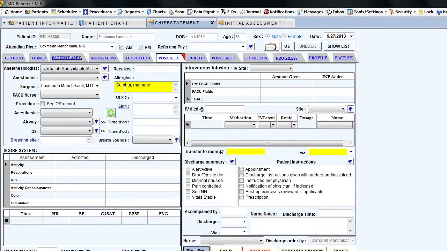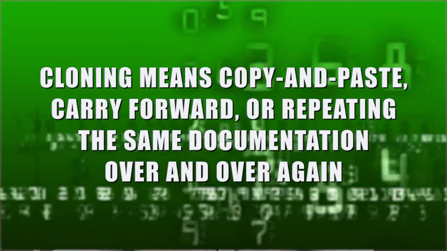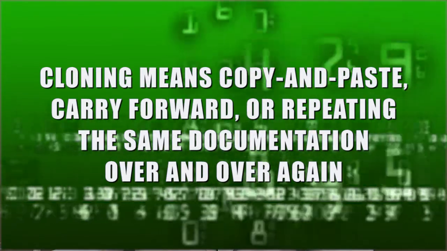By using this system, you customize documentation for each encounter without cloning. Cloning is a hot topic for fraud and abuse, which simply means copy and paste, carry forward, or repeating the same documentation over and over again. This system also has two ways of working. One is totally electronic. If you are used to it, that is great.